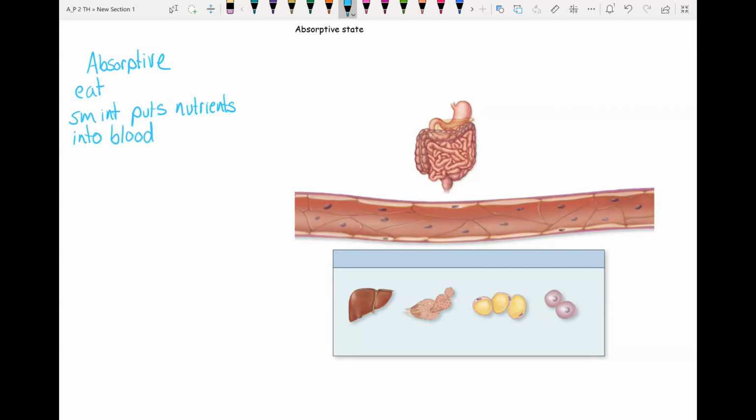So we have nutrients going from the blood, and remember you have three basic types of nutrients. We're going to have glucose, amino acids, and lipids.